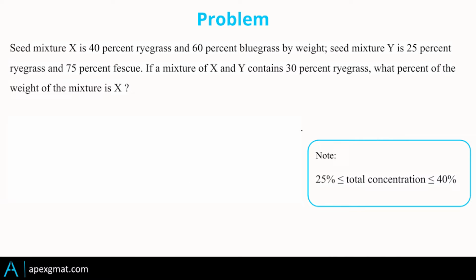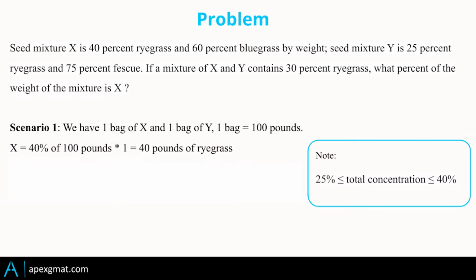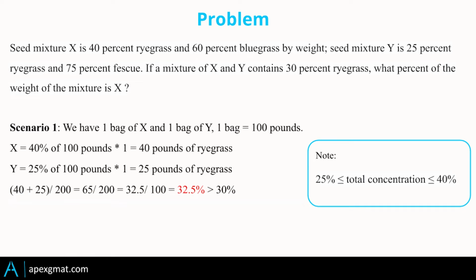So that answer can be done via scenario. Let's assume we have one bag of X, and let's call it 100 pounds just to make things nice and easy. 40 pounds of ryegrass is 40%. If we add one bag of Y, we have 200 pounds total, with 25 and 40, 65 pounds of ryegrass, or 32.5%. Again, because we're dividing by 200 pounds, bringing it down to percentage.